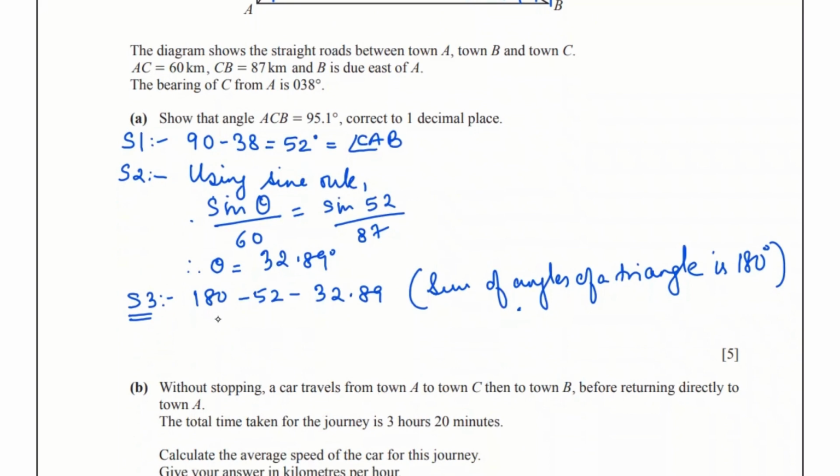So after this calculation, we will get angle ACB. Therefore angle ACB is equal to 95.1 degrees, hence proved.